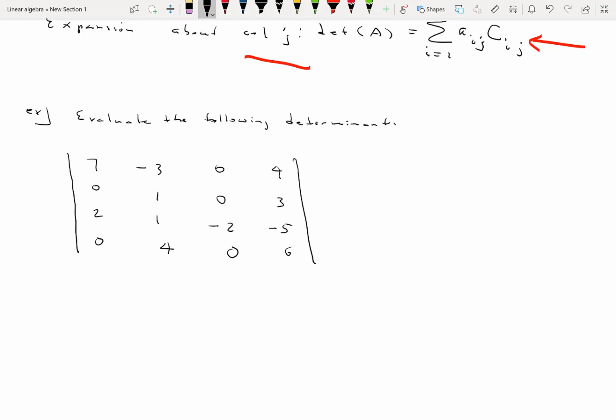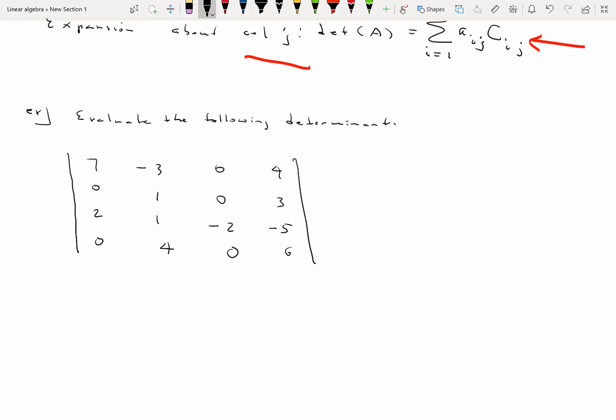But to evaluate a 4x4 determinant, by the cofactor expansion, we reduce it to evaluating 3x3 determinants. Let me say that again. If we expanded about the first row, we would need to evaluate 3x3 determinants in that sum.